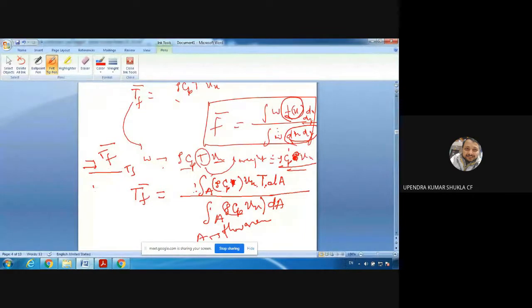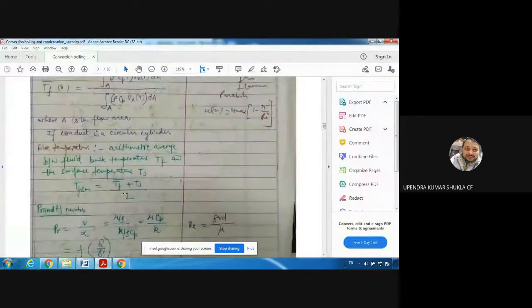Since we have taken the average, it becomes direction independent, x and y independent, and T_S is the fixed surface temperature. So (T_S plus T_F) by 2 is the arithmetic mean, and the other one is also a weighted mean, but the weights were 1 right here. Now this is the film temperature.